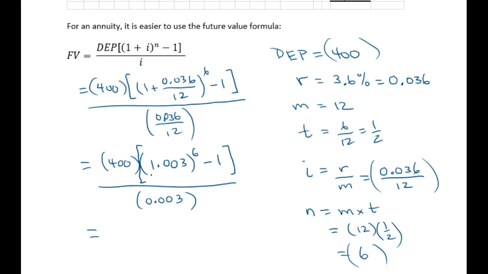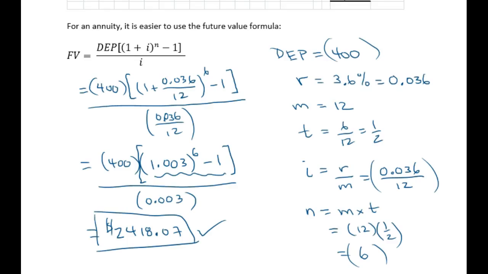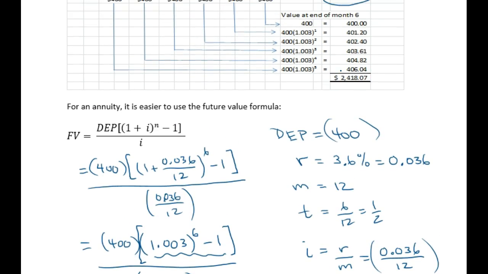So again, we want to make sure that we do our exponent, subtract 1, multiply by 400, divide by our denominator, and you should end up getting approximately $2,418.07.